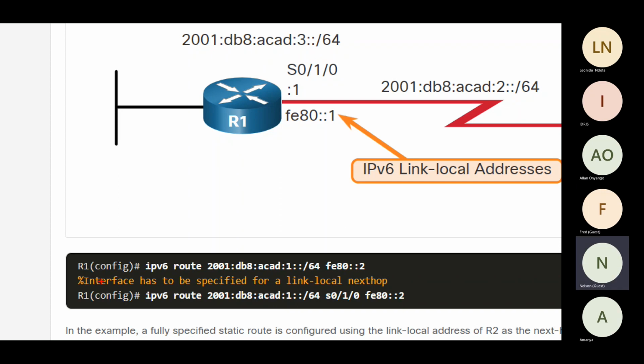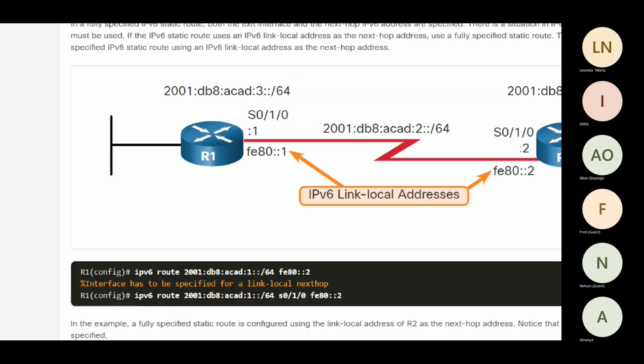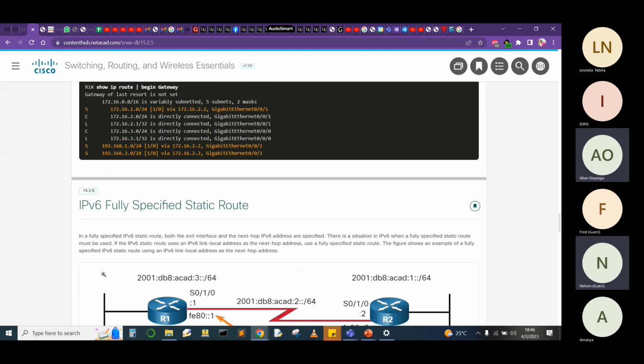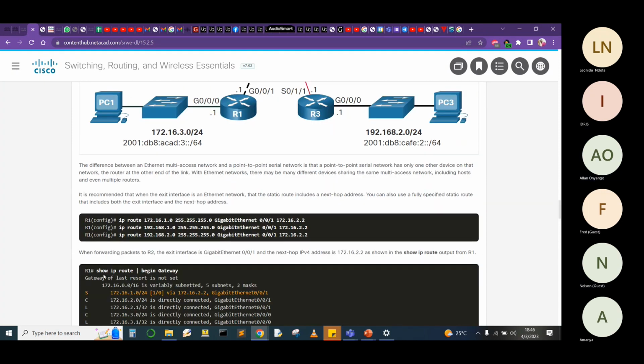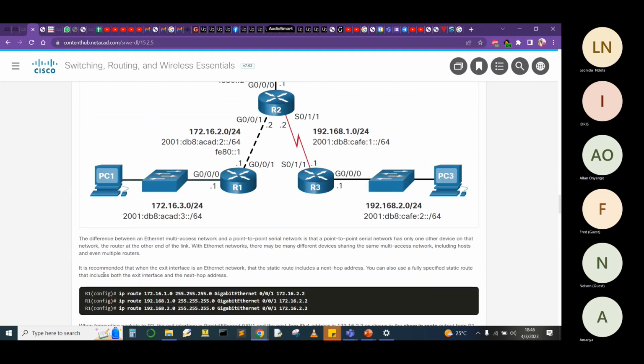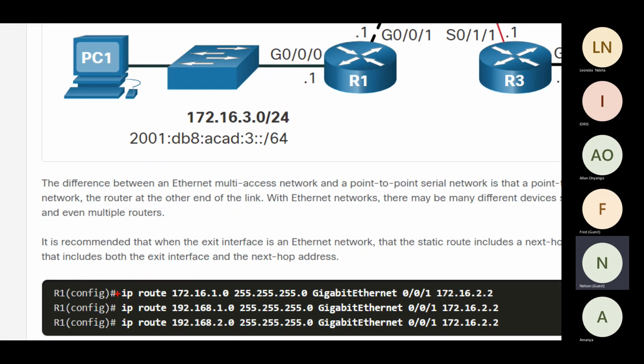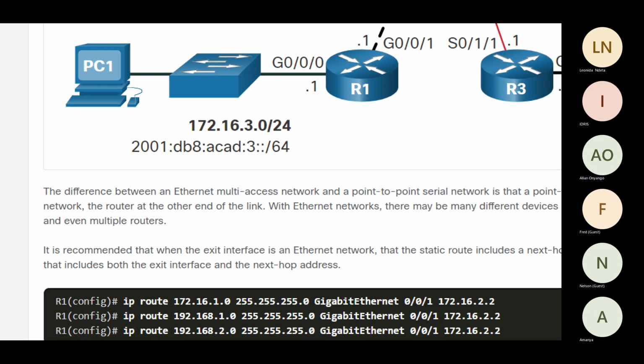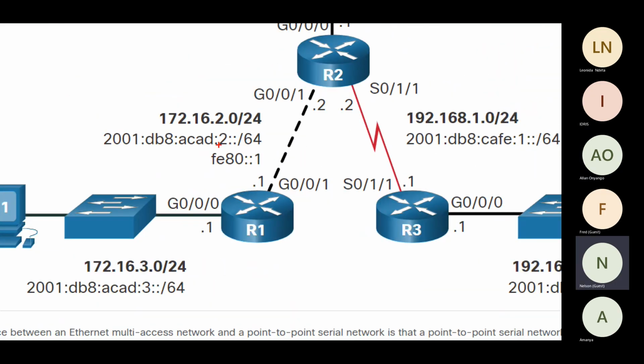A question, please. Thank you. Yes, kindly go ahead. All right, please ask. On the fully specified, I'm looking at the IP route 172.16.1 and then we have GigabitEthernet 0/1. That is the exit interface of R1, isn't it?